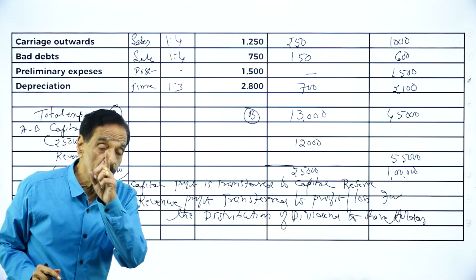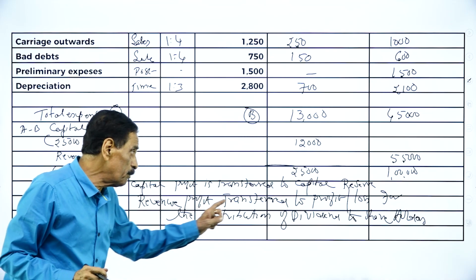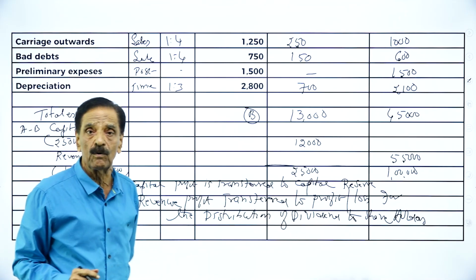Capital profit should not be utilized for distribution of dividend. Revenue profit can be utilized for distribution of dividend to shareholders.